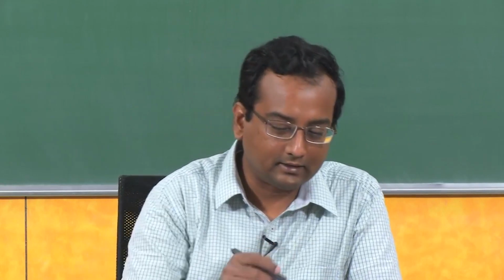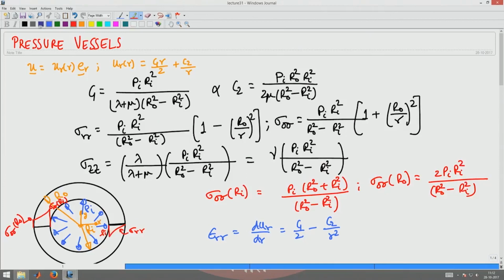Radial stress is sigma rr and it has a variation as shown here. It varies from minus Pi at the inner surface to 0 at the outer surface, the boundary conditions that were specified, whereas sigma theta theta is a tensile stress which varies from a maximum value at the inner surface to a minimum value at the outer surface.